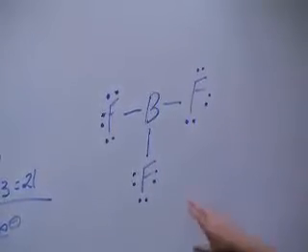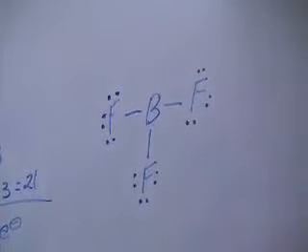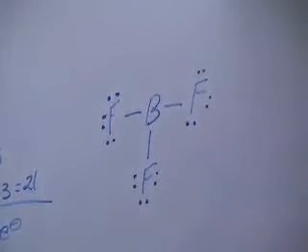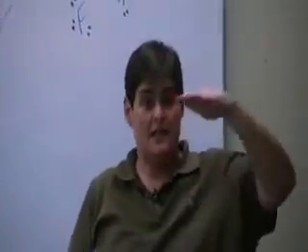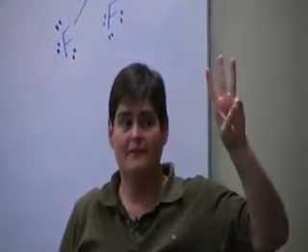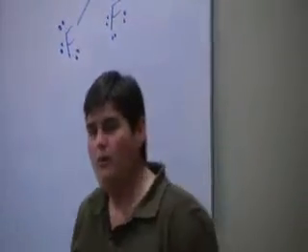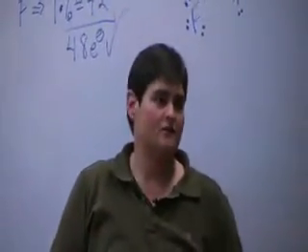Are you comfortable with that structure? Is everybody okay with the fact that boron has 2, 4, 6 electrons around it? It's going to want 8, but remember boron, what period is boron in? It's in the second period, and what group is it in? Group 3. So boron is one of those that can actually have less than 8 electrons around it.